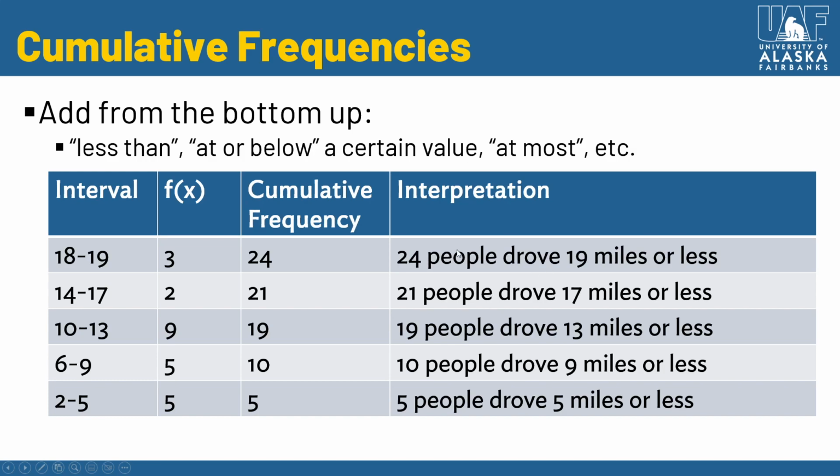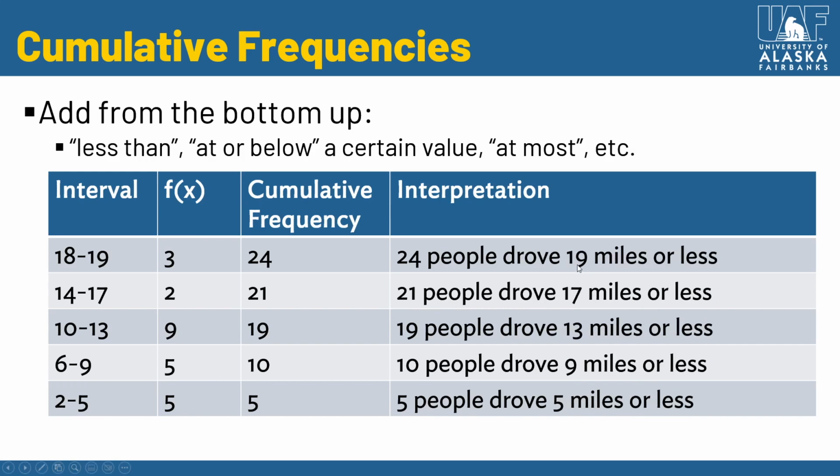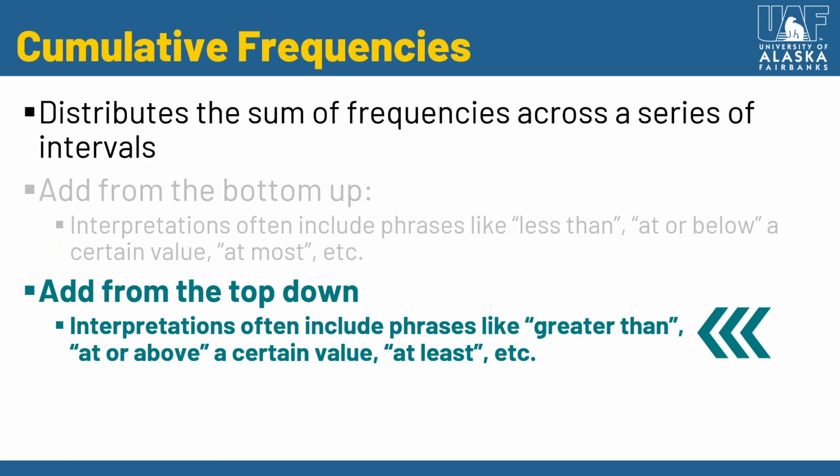And then our top cumulative frequency here is the grand sum of our sample, right? Because we surveyed 24 people, and guess what? 24 people drove 19 miles or less, right? They fell within the real range of our data. Or another way to say this is drove at most 19 miles, right? Different ways to interpret the same thing.